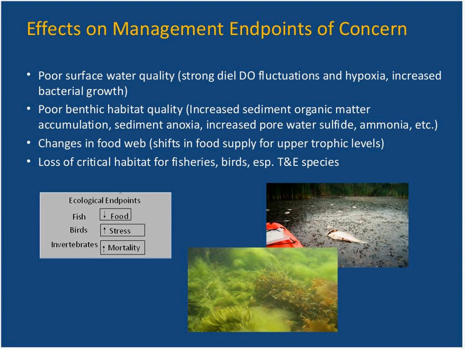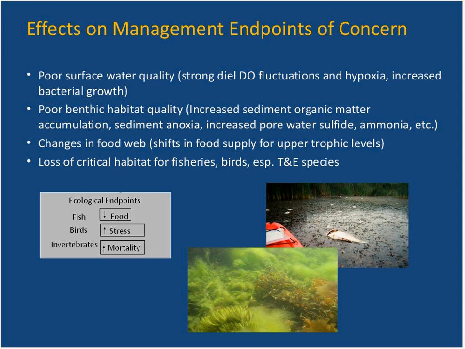To summarize the main endpoints of concern we touched upon on the last slide: nutrients cause poor surface water quality, daily fluctuations in oxygen, hypoxia in the sediments, and increased bacterial growth, which also increases respiration and draws down oxygen.